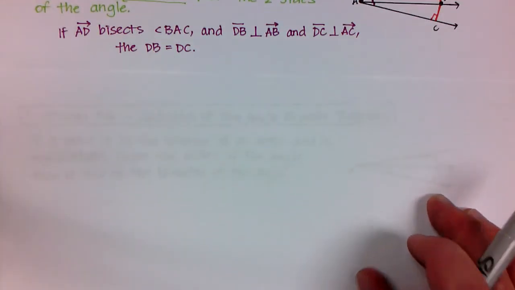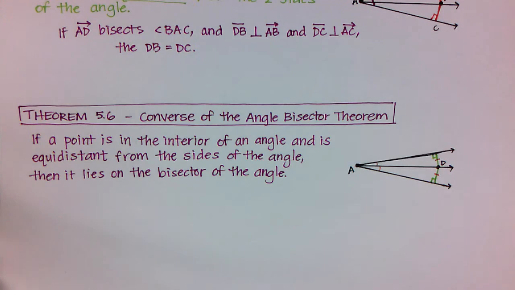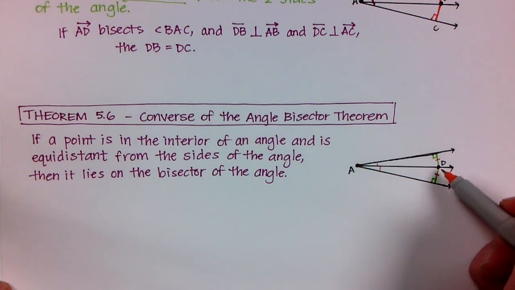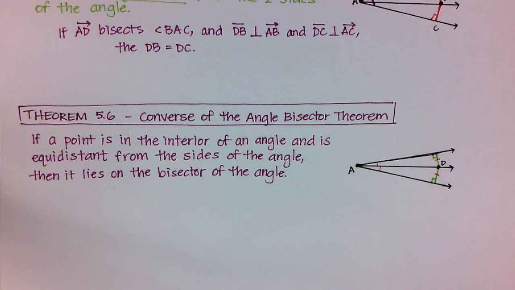Well, there's a converse to this, just like many of our other theorems, and the converse is Theorem 5.6, the converse of the angle bisector theorem. And what it says is if a point is now in the interior of an angle, so this is right here, and is equidistant from the sides of the angle, then it lies on the bisector of the angle.